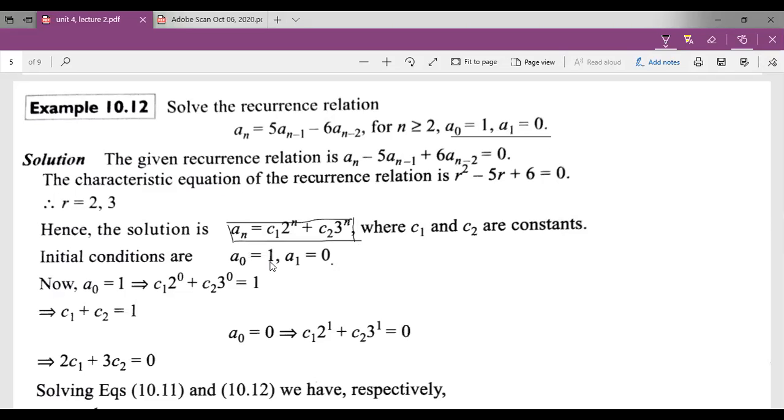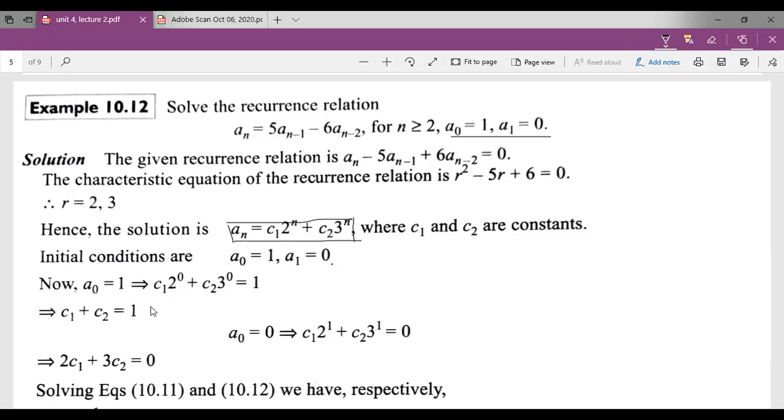Now a_0 is equal to 1 in this equation. So put n = 0: a_0 = C1 2^0 + C2 3^0. The value of 2^0 is 1, and 3^0 is 1.